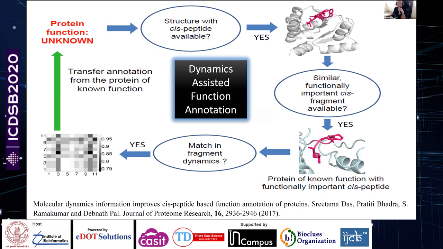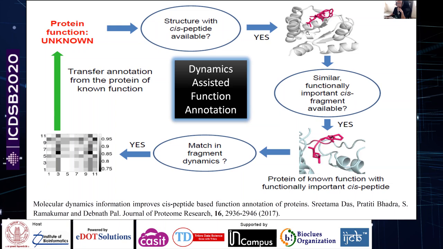So this is a schema. We wanted to see, if there are proteins with cis peptides for which we know the functions, whether we could leverage this. Now cis peptides, as you may know, are a very conserved feature in the protein, and because cis peptides are functional, we did an experiment where we just took the cis peptide segment and used a sequence based search.